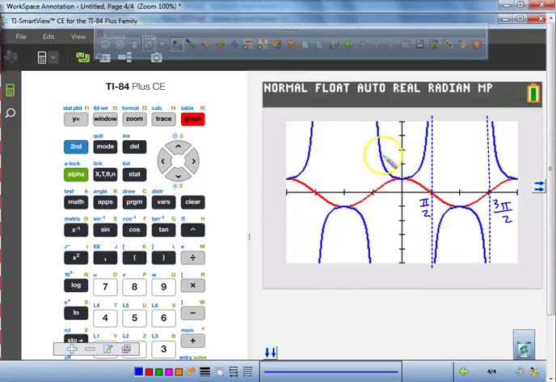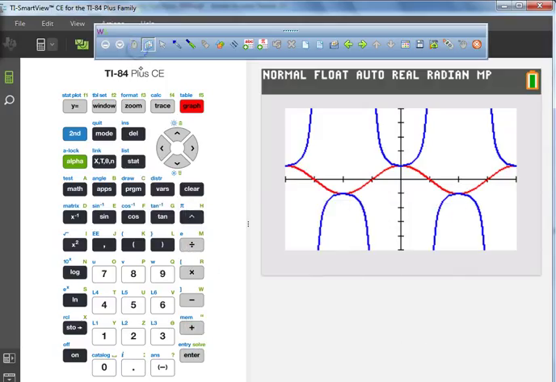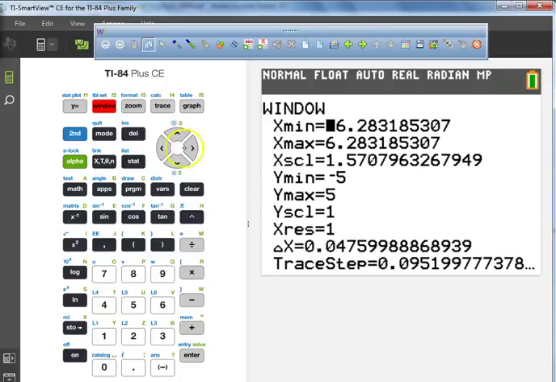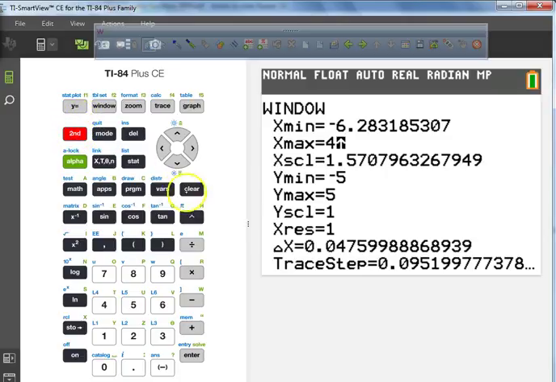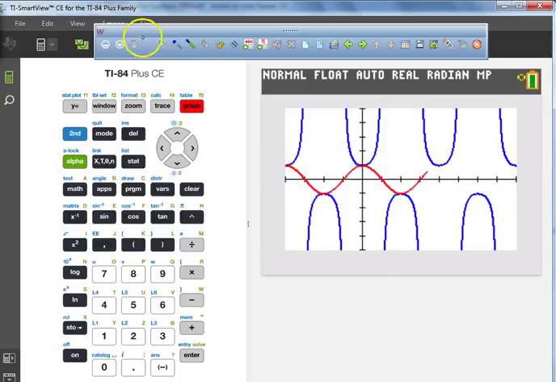So now let's use this to help us evaluate our problem. What was our problem? What's the secant of 4 pi? If I wanted to, I could just change my window and say, you know what, I want my x maximum not to be at 2 pi, I want it to be at 4 pi. Then you hit graph. Okay.